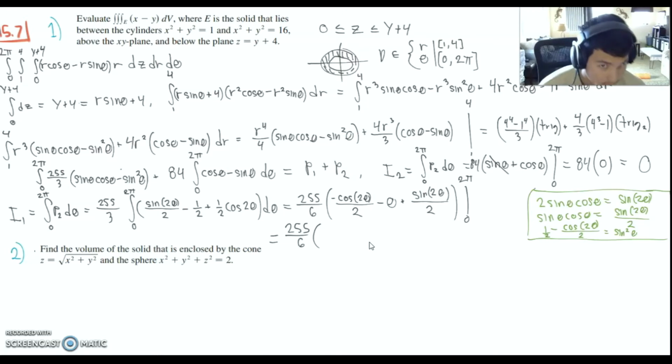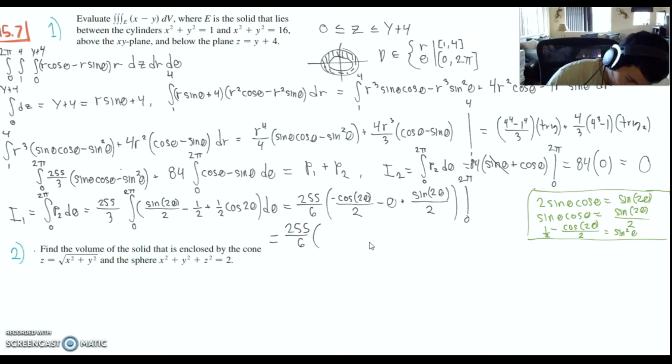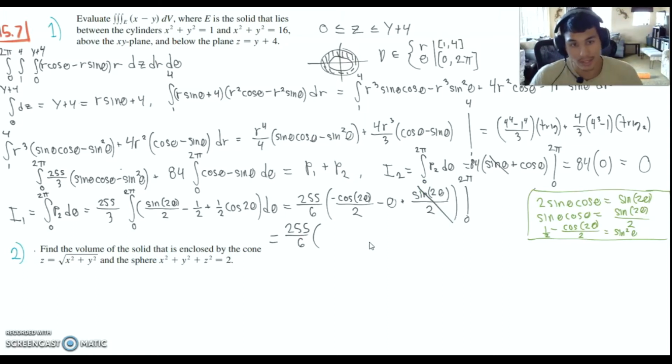The sine will always be 0. So, like I said, it's not like this doesn't exist. It's just for the evaluation, this will be 0. Just evaluate at both points, it will be 0. So we only need to think about this product right here.